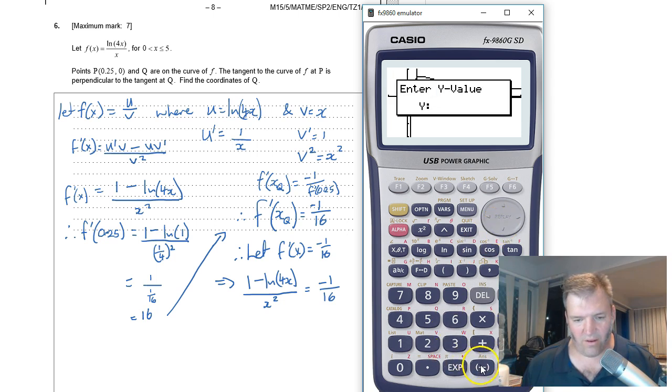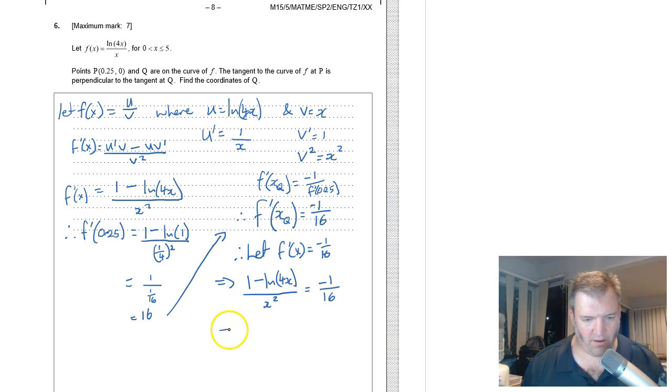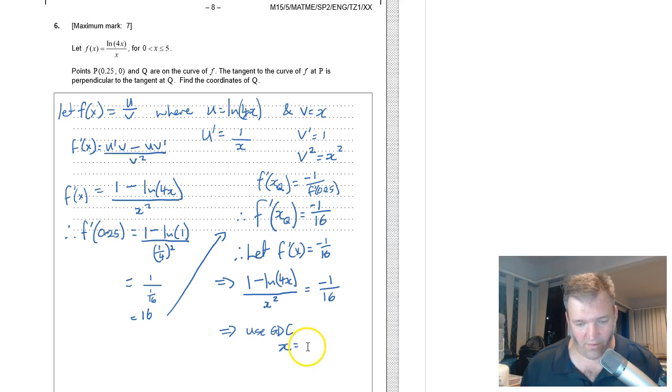Enter the value, -1 divided by 16. And that gives me x equals. Nearly there. So you can include a sketch if you like, or on calc use GDC, graphical display calculator, and x is equal to 0.700750.